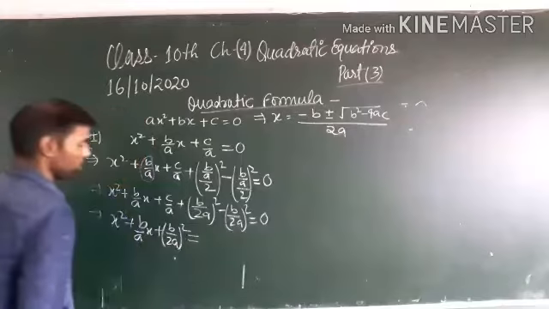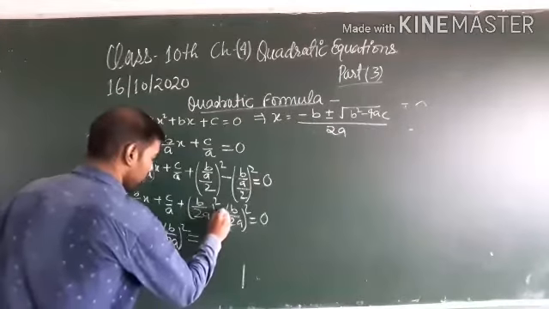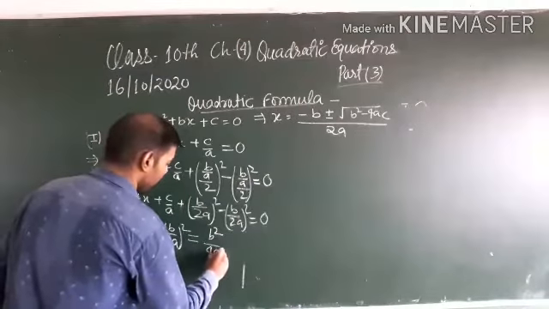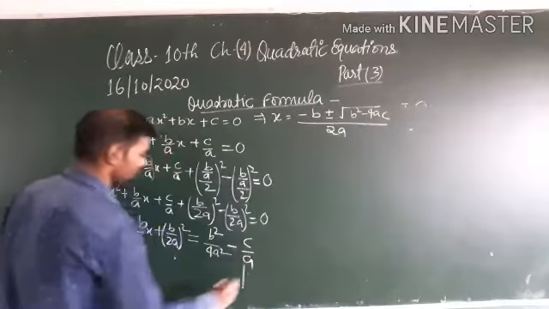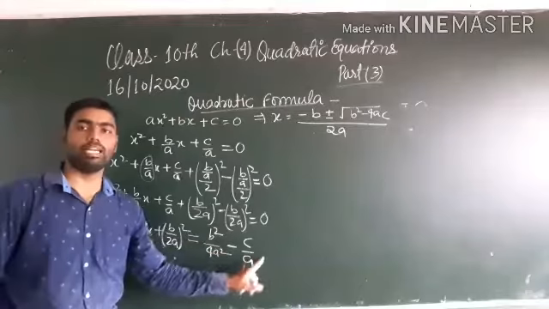And this is equal to, by transformation, b square upon 4a square minus c by a, because this is plus c by a, by transformation this is minus c by a.